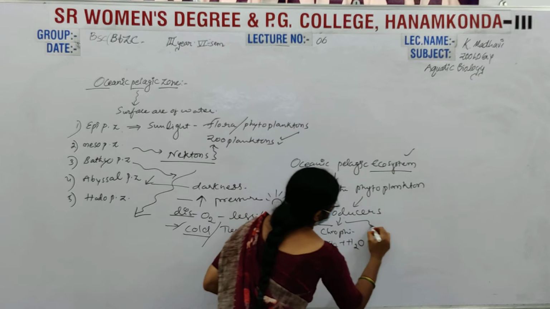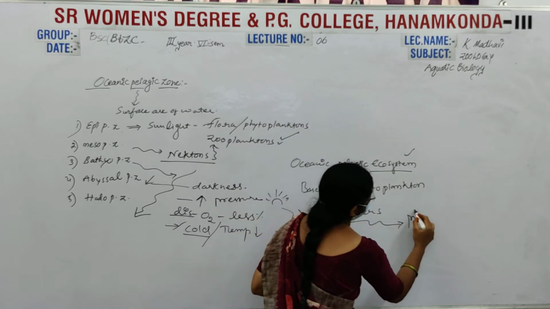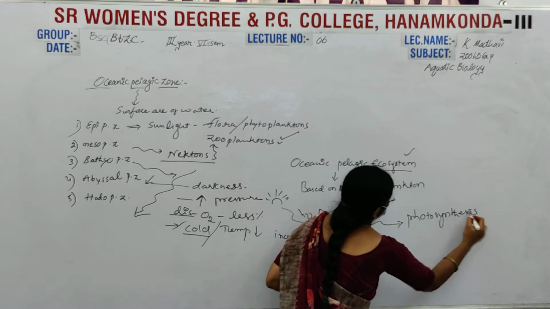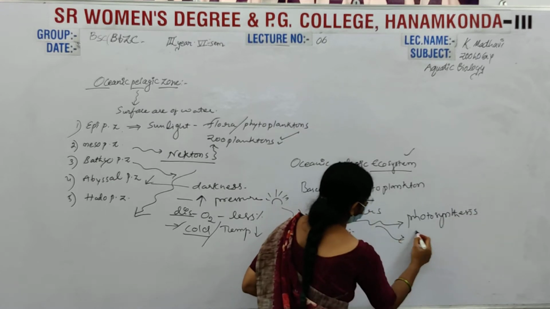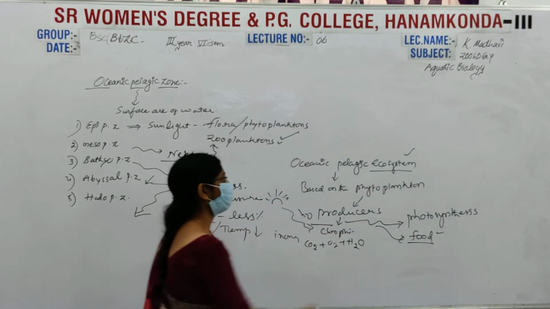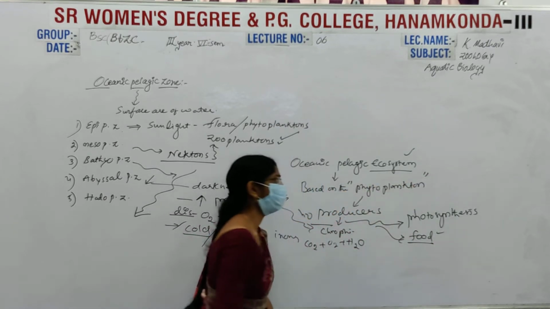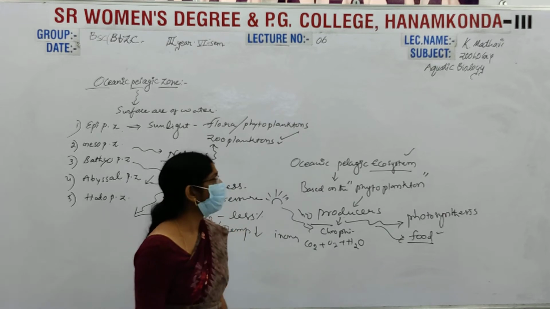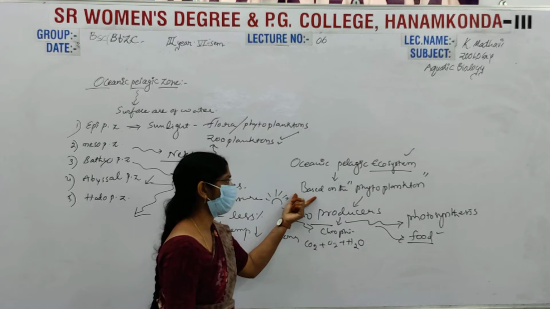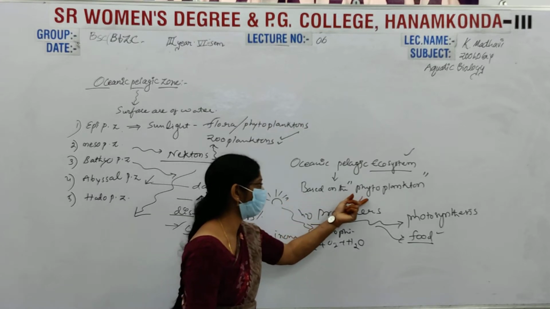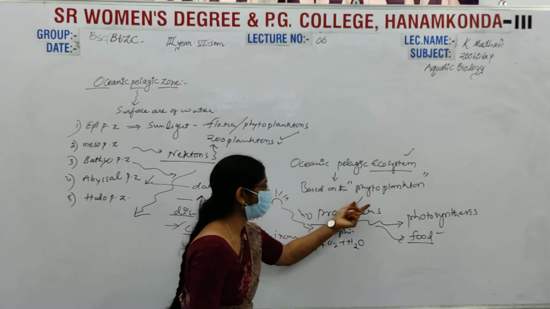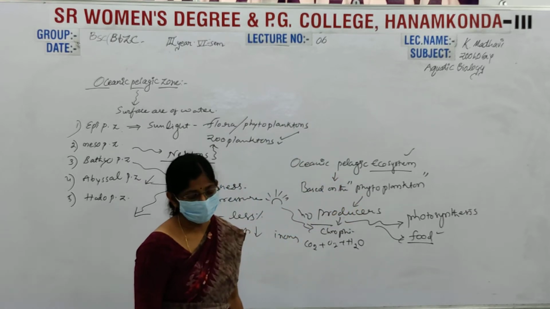They participate in the process of photosynthesis and convert these into food particles. That's why they are known as autotrophs. Those are the phytoplanktons present in our epipelagic ecosystem. One of the most important characters of the ecosystem is the producers, and in the oceanic pelagic zone the phytoplanktons are the producers.